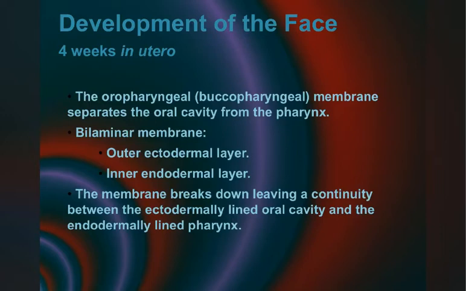This membrane is a bilaminar membrane. It has an outer ectodermal layer and inner endodermal layer. The membrane breaks down, leaving continuity between the ectodermally lined oral cavity and the endodermally lined pharynx.